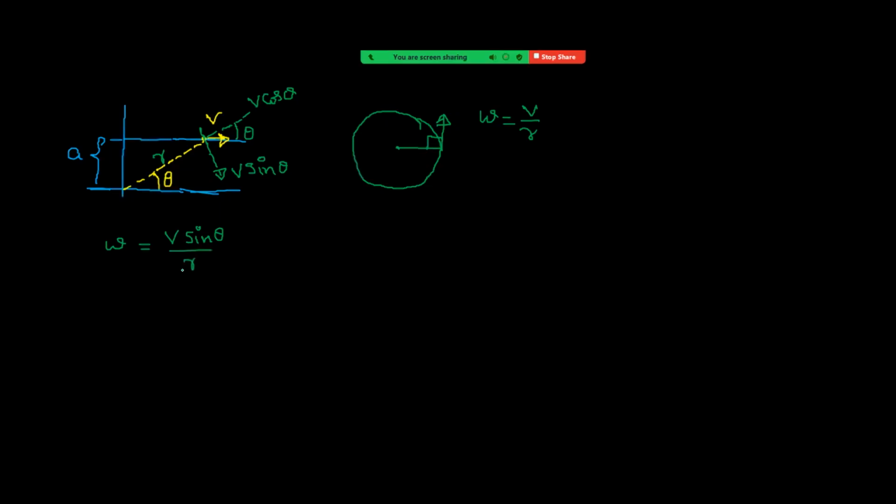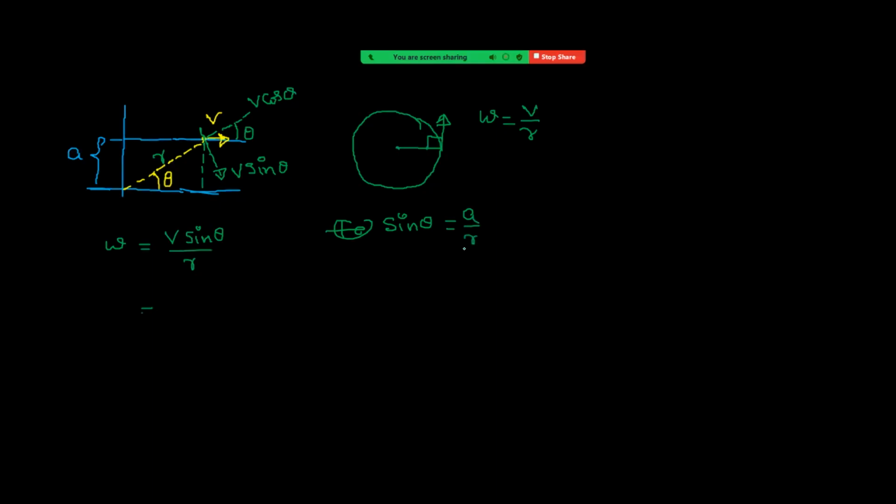r. Okay. Now from diagram, getting r value in terms of a, we can see from diagram, sin theta is equal to opposite by hypotenuse.